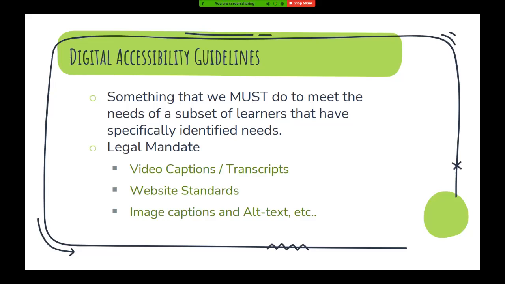What else do we have here? The websites that we use need to be regularly audited so that 404 errors don't pop up when they're used in our teaching and learning. And there are other accessibility standards, and again, a legal mandate, and this stuff has to be done.